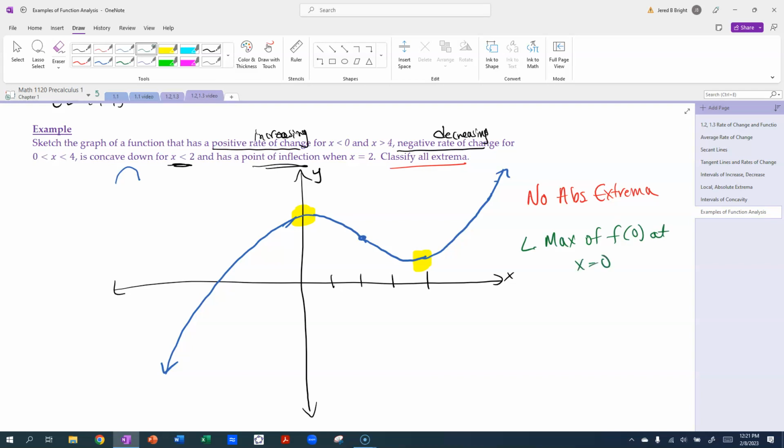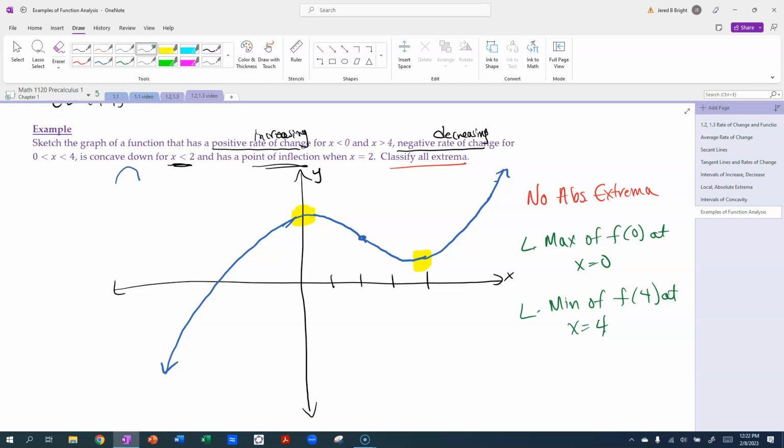That would be okay if you want to include the full language. And then I'd have a local min of f of 4 at x equal to 4. I don't know what the y values are, because I made a sketch, and my sketch could look different than somebody else's sketch. But this way we capture all those different cases.